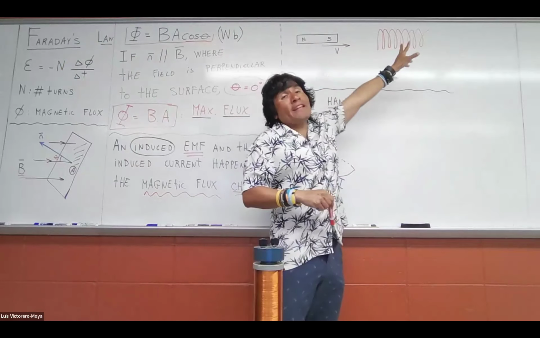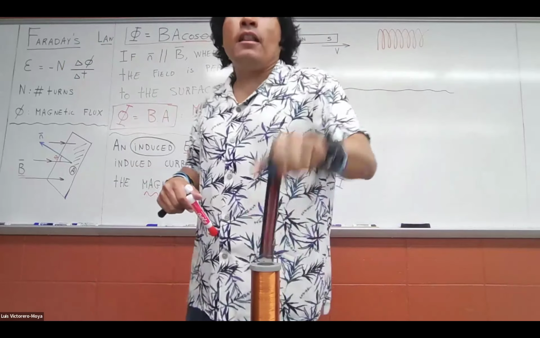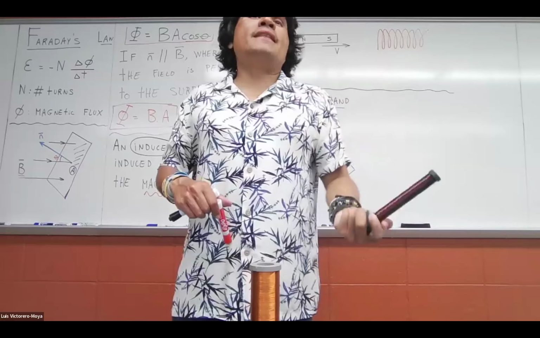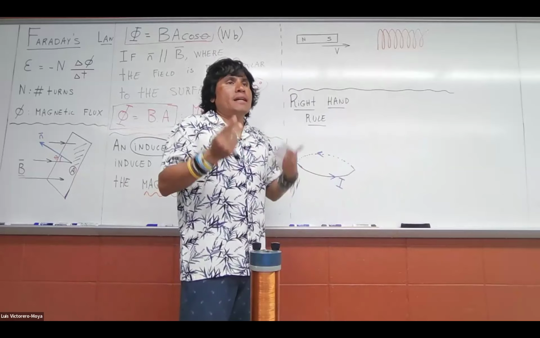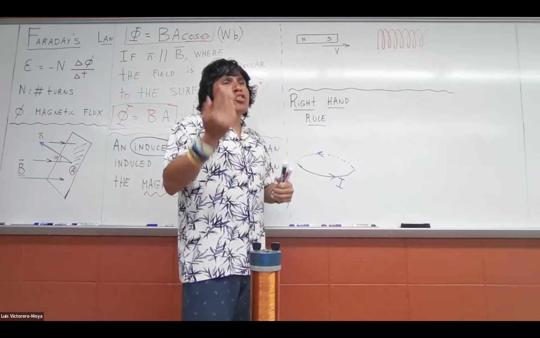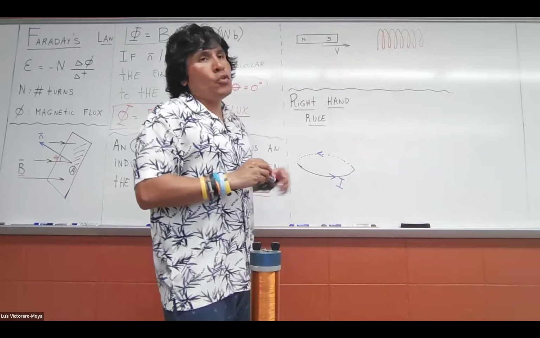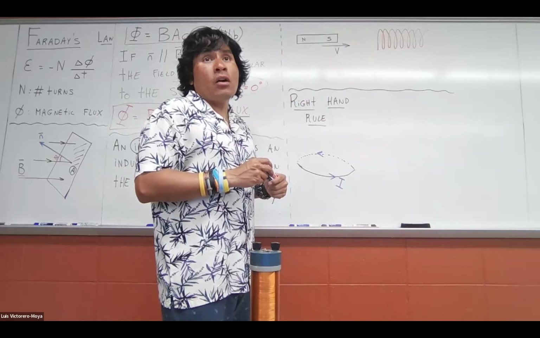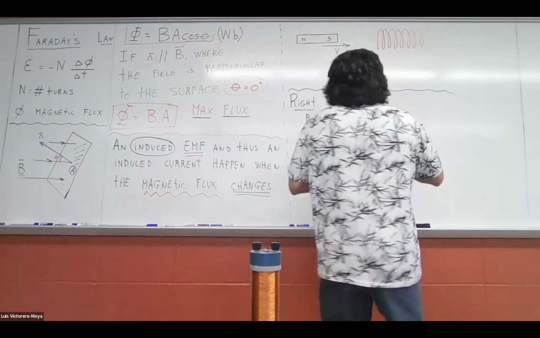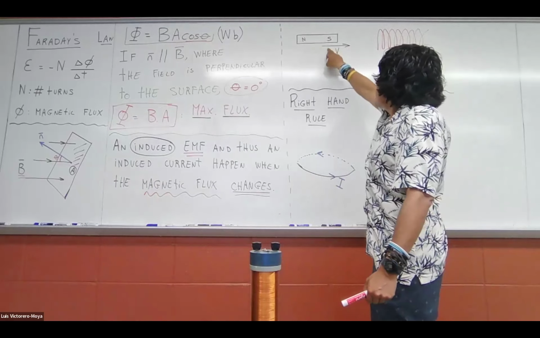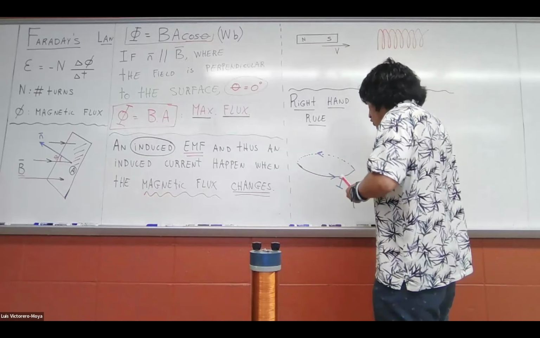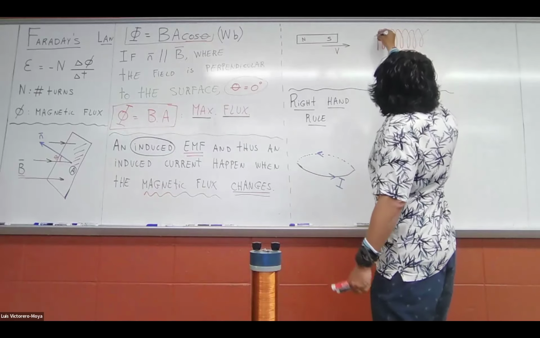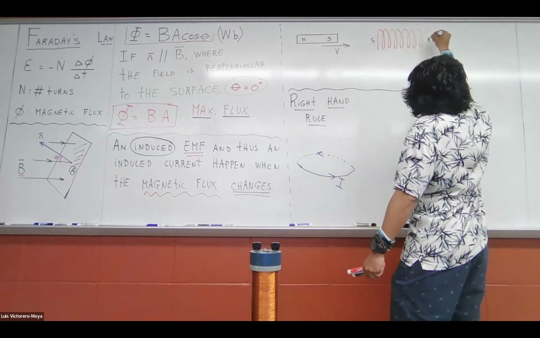If you have a magnetic field, any object that has a magnetic field has two poles, the north and south. So the easy way to determine the direction of the current is by knowing the poles of the induced magnetic field on the coil. So basically, if that's north and south and it's going towards the coil, then the coil is going to induce a south and a north here.